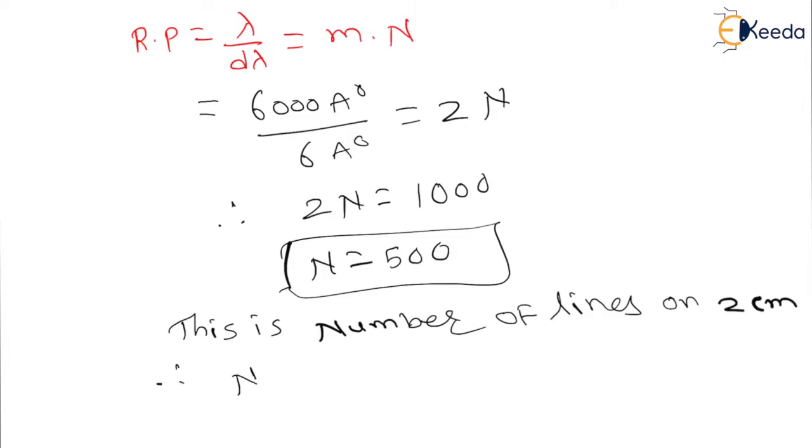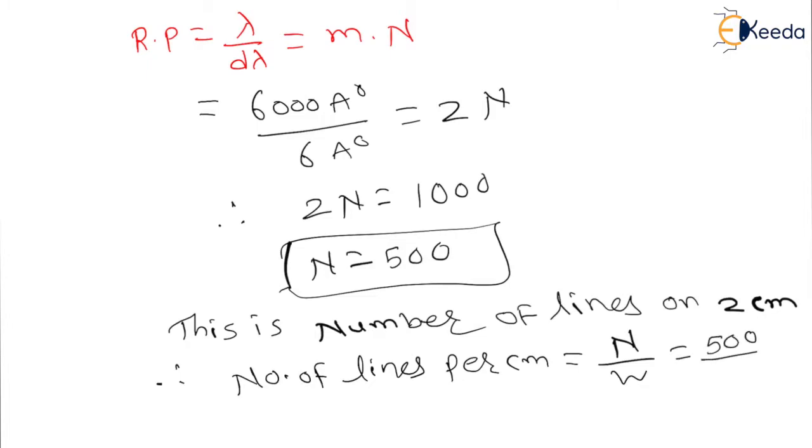Therefore, number of lines per centimeter is equal to n divided by w, the number of lines divided by width. Why are we finding number of lines per centimeter? Because grating element is 1 upon number of lines per centimeter. So it will be 500 divided by 2.